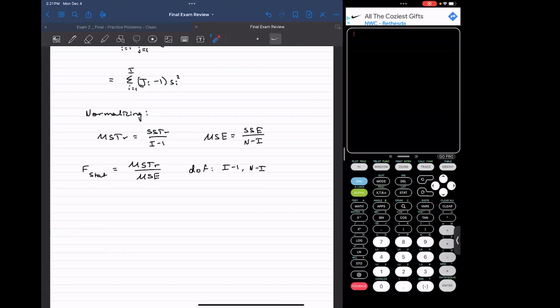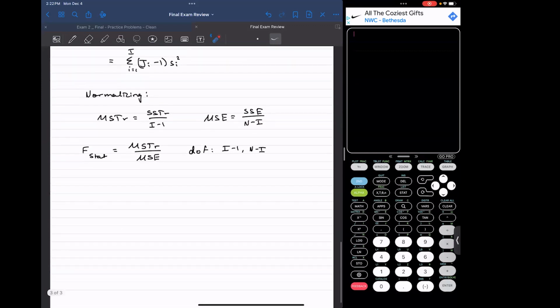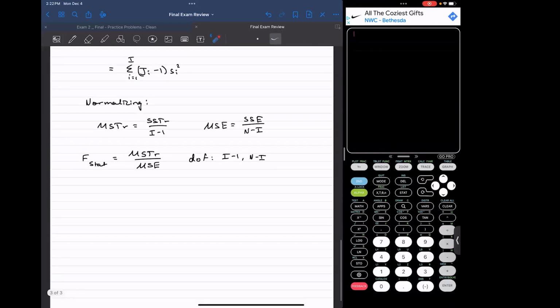So you have to divide by the degrees of freedom for each of those. For SSTR, it is related to the treatments. So we have I minus one there. For MSE, it is related to the squared sum of errors. So each data point compared to their treatment, that'll be n minus I. For the f-stat, we have MSTR divided by MSE.